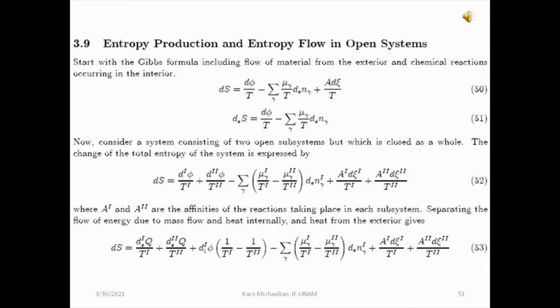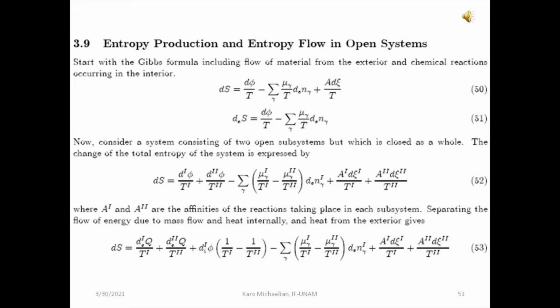And the third term is the chemical reactions, just the affinities times d xi over the temperature. So the force in this case is the affinity over the temperature, and the flow is the rate of the reaction, or just d xi by dt, where t in this case is the time variable. That's equation 50.